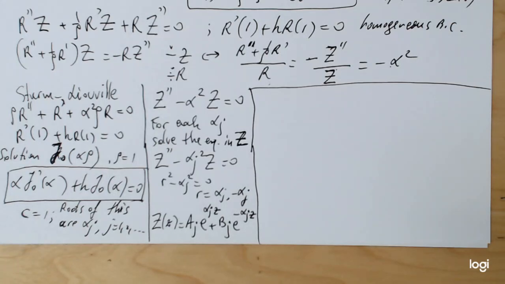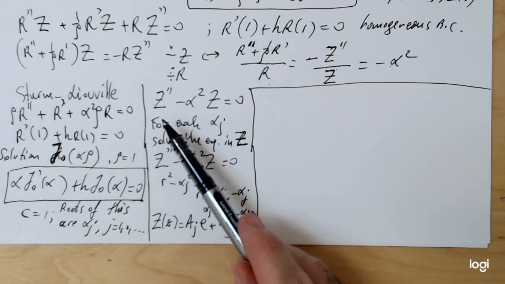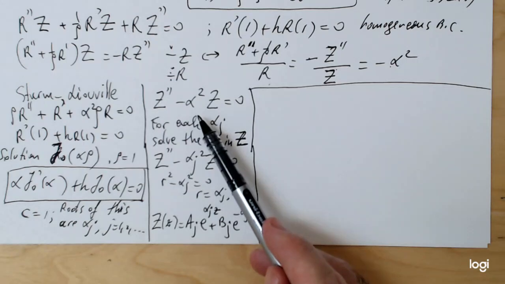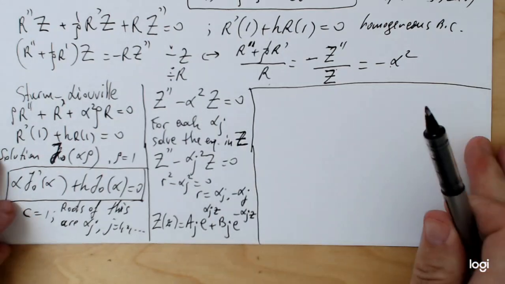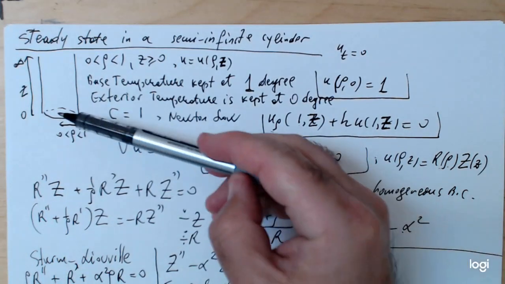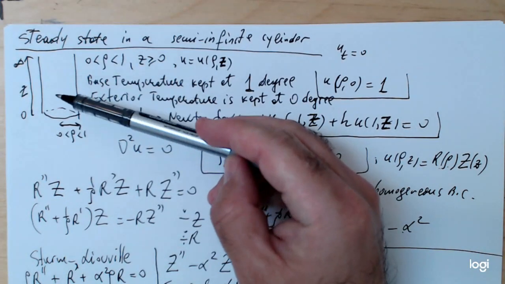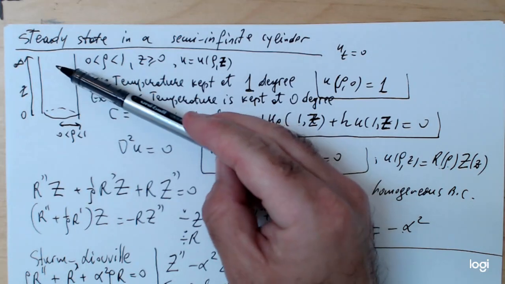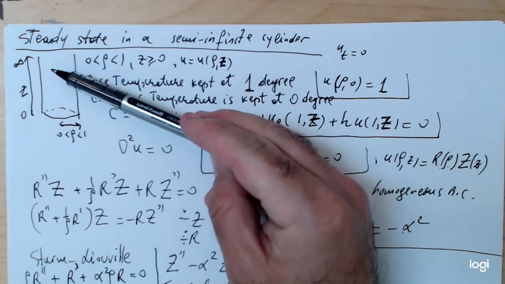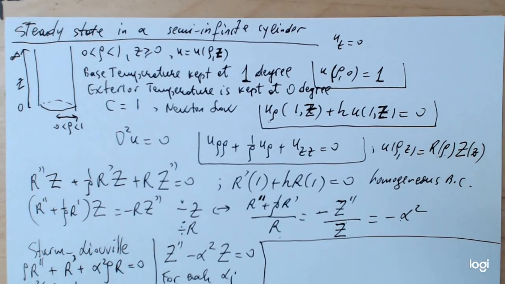Okay, so at this point, it's time to analyze this equation a little bit. When I say that there is no extra condition on Z, actually there is no numerical condition, but there is a boundedness condition. Remember, for the physical problem to make sense, the solution should be continuous and with finite limit at all points. If I pick a point on the object, the temperature at that point should be an actual real number.